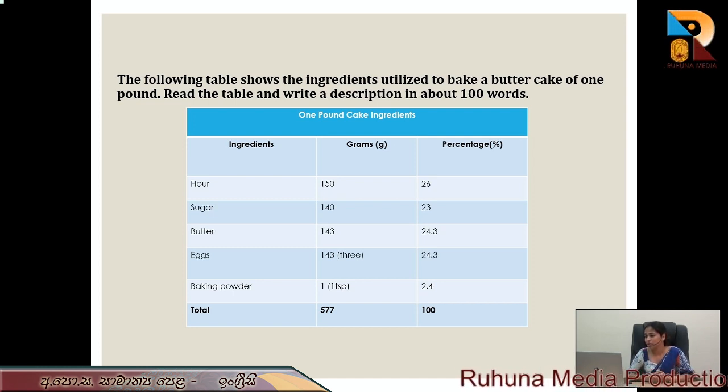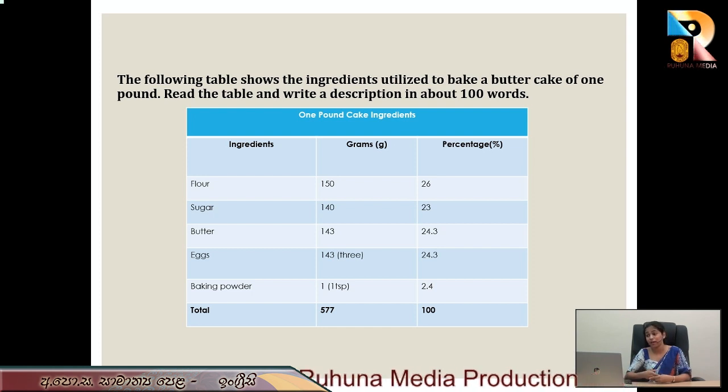Now this table shows the use of ingredients to bake 1 pound butter cake, both in grams and percentages. The 5 ingredients used are flour, sugar, butter, eggs and baking powder. You can name them. And the most used ingredient is flour, and it is 26% of the entire cake.